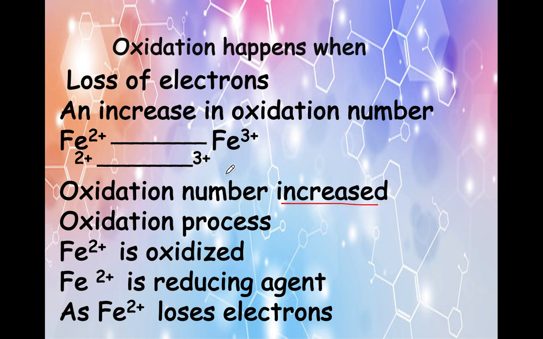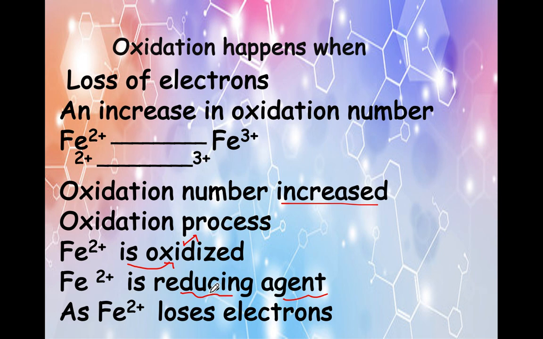That means which process happens? Is it reduction or oxidation? Of course, it is an oxidation process. So we can see here that the iron in an oxidation process is oxidized, the same name as the process. But the iron itself is a reducing agent, since it lost 1 electron.